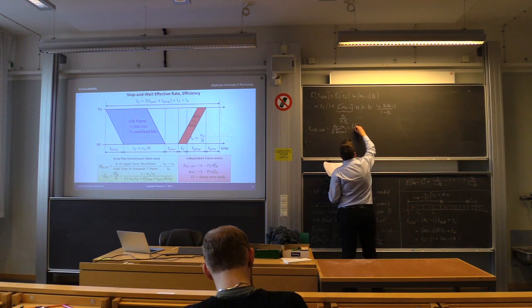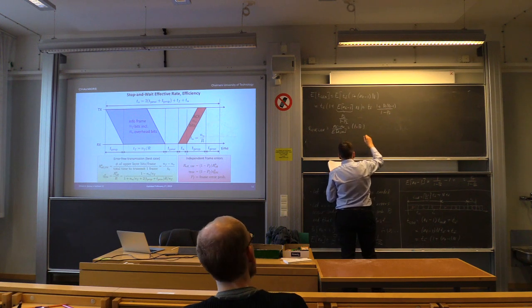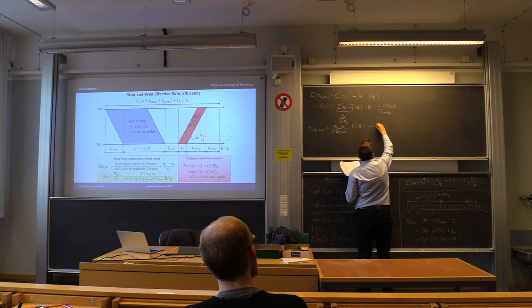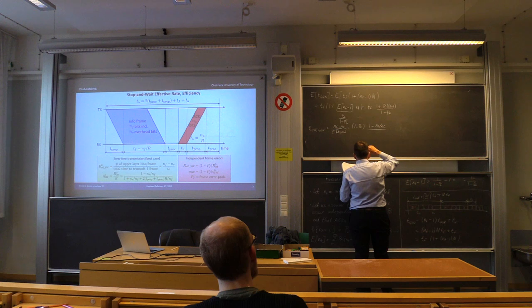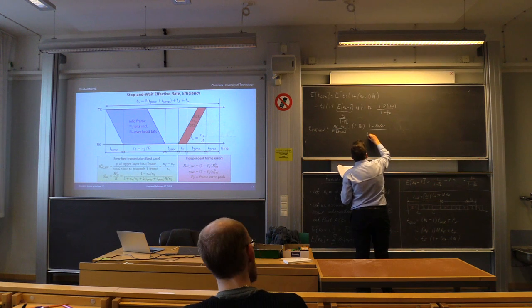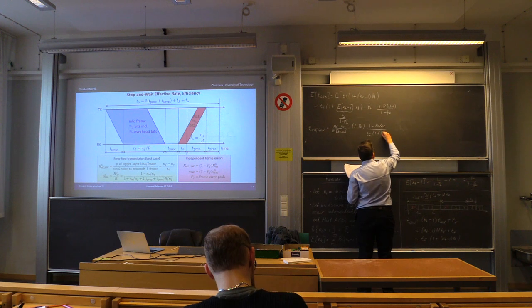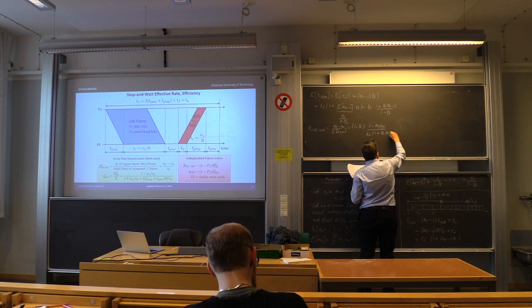And then it's 1 minus pf, 1 minus no divided by nf, tf times 1 plus pf times n minus 1.